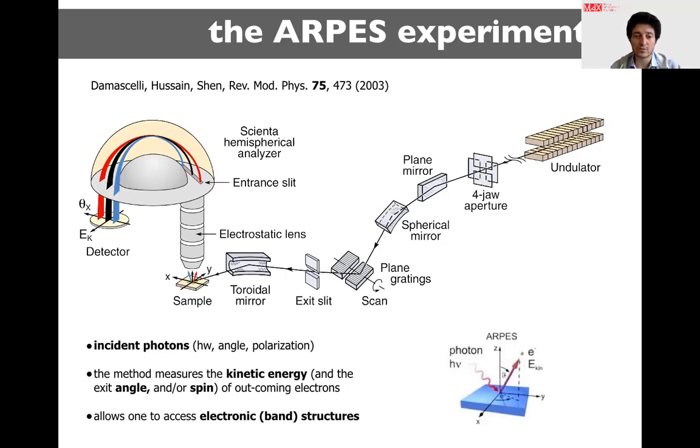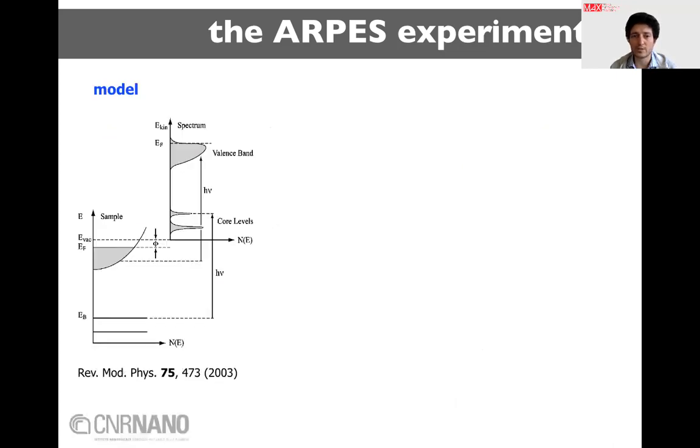In particular, this control of the angle, which gives rise to the name angle-resolved photoemission, allows the user basically to address the k-point dependence of the electronic structure. So it's the experimental way we have to measure electronic bands as we are used to think about.